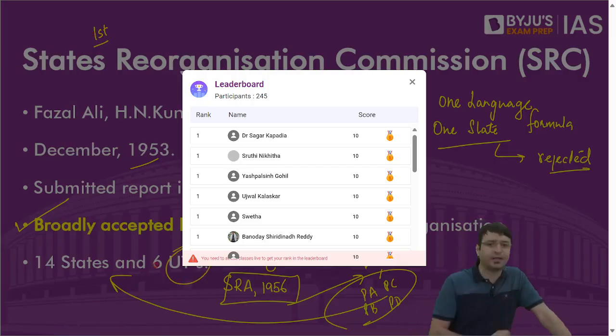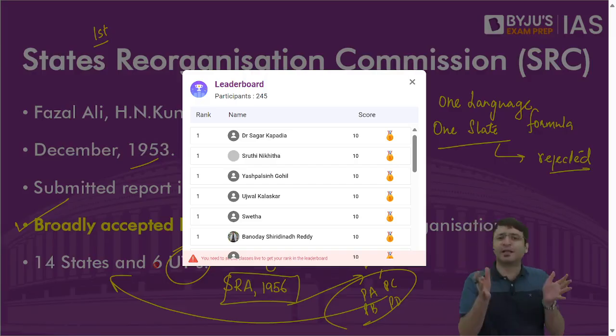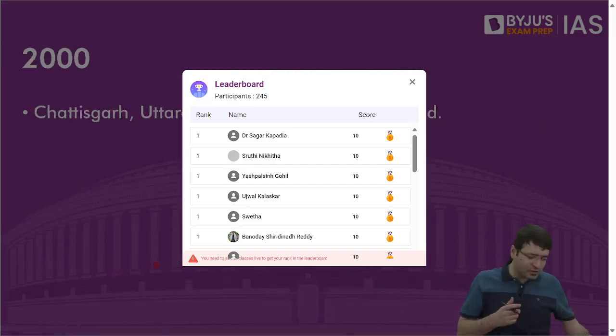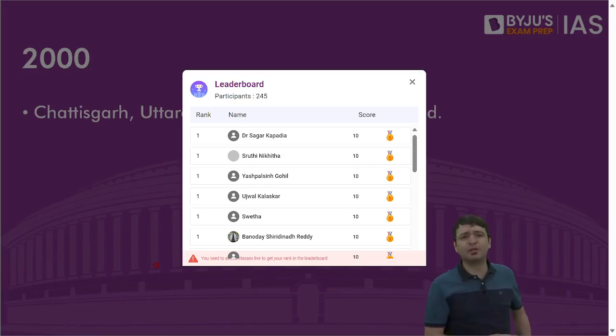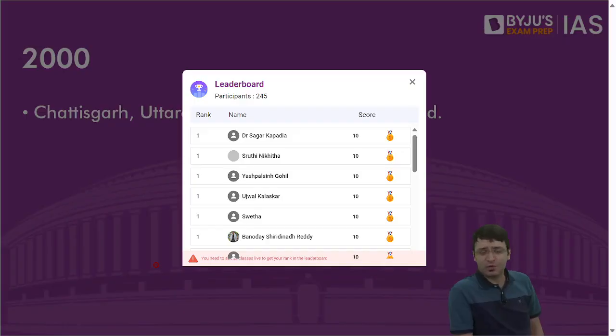What are these union territories? Why were these union territories created? Should we continue with these union territories? We will discuss that separately in a separate chapter called Union Territories. But here, after 1956, we saw further reorganization. More and more states got created. For example, in 2000, Chhattisgarh was carved out from Madhya Pradesh, Uttarakhand was carved out from Uttar Pradesh, and Jharkhand was carved out from Bihar.